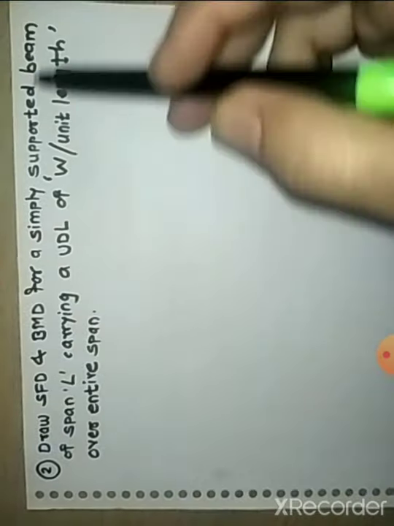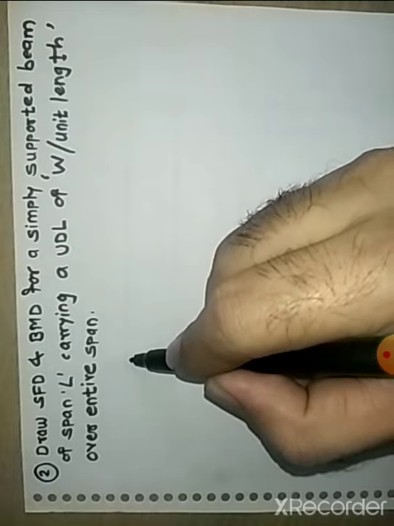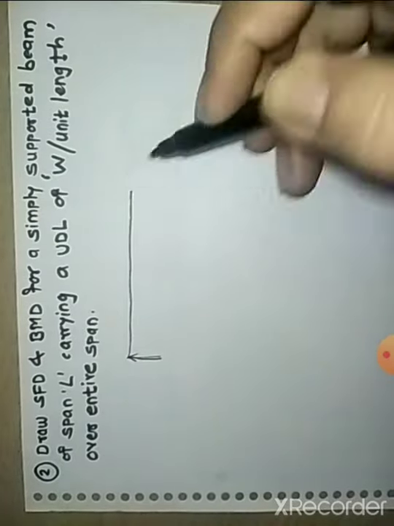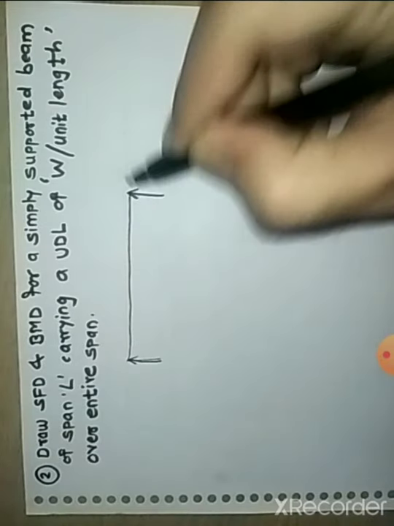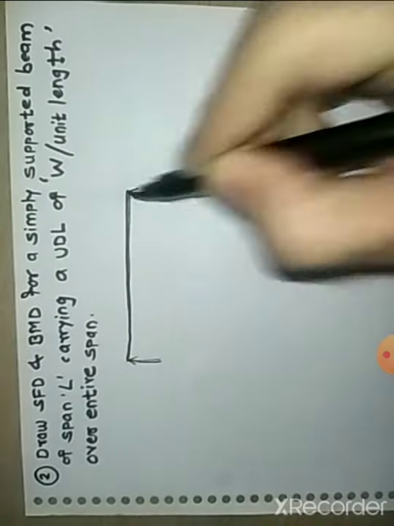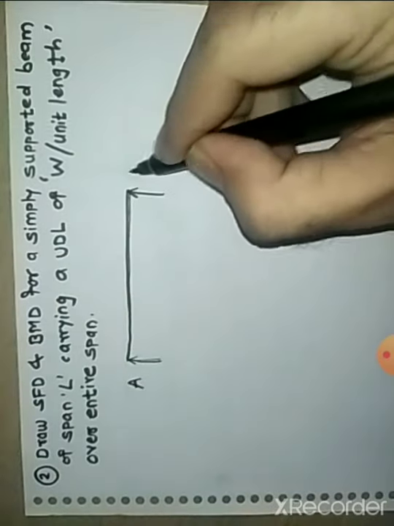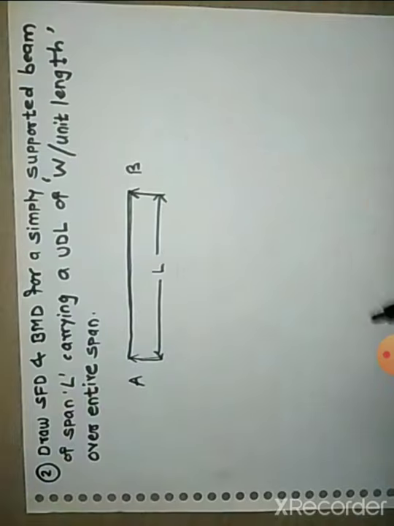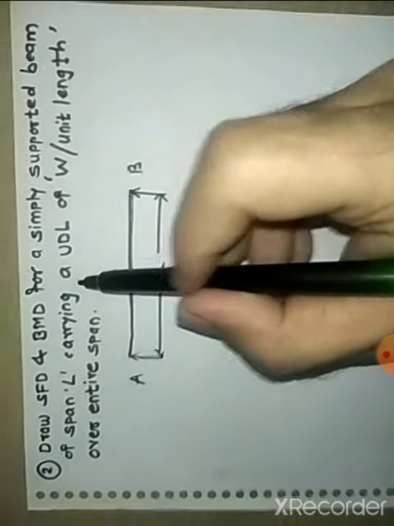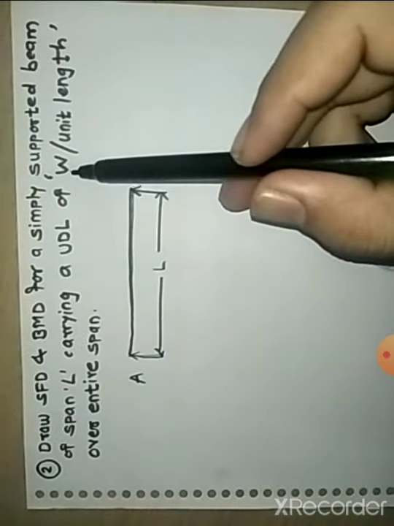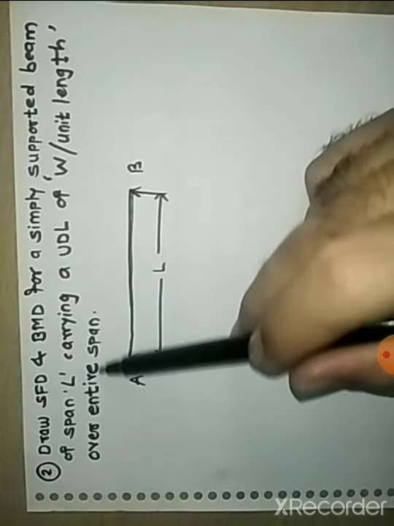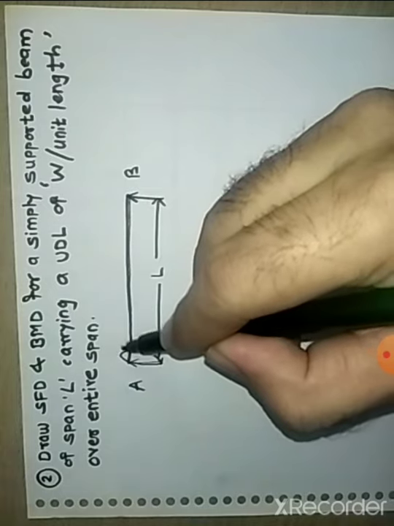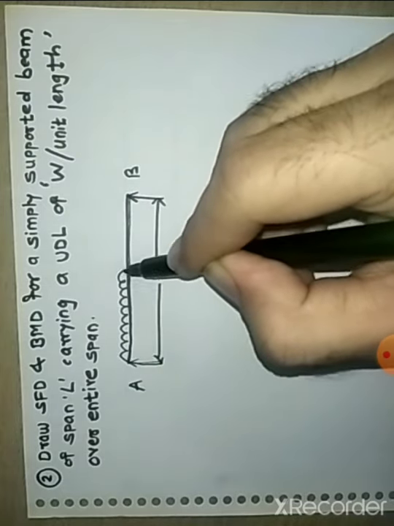So, simply supported beam of span L, carrying a UDL of W per unit length over the entire span. Over the entire span means on the full length.